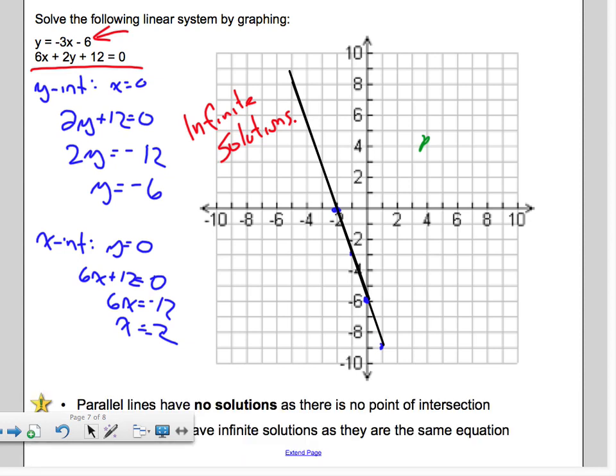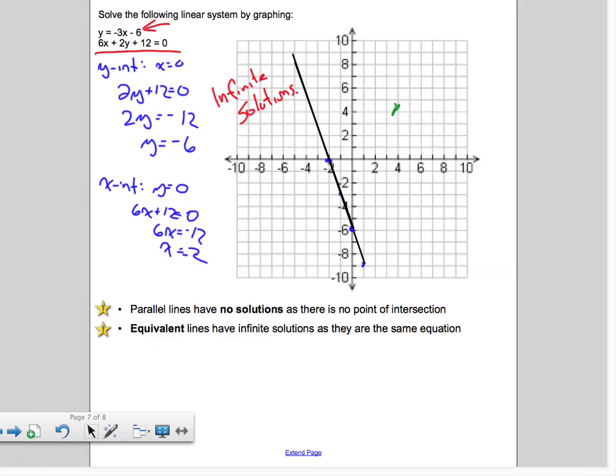So the last two notes. Parallel lines have no solutions, as there's no point of intersection. You need to know this. Parallel lines have no solutions as there's no point of intersection.